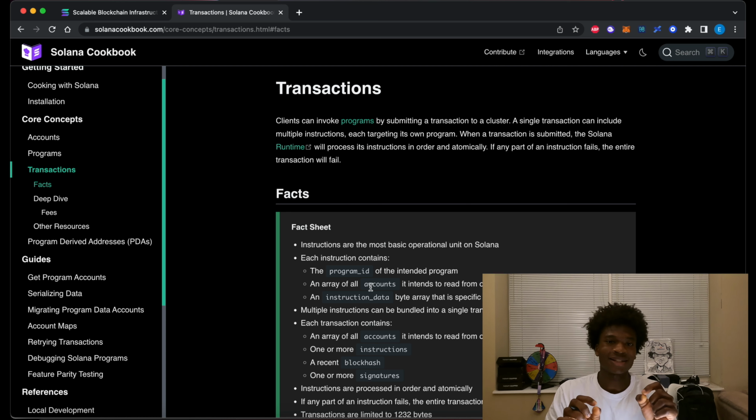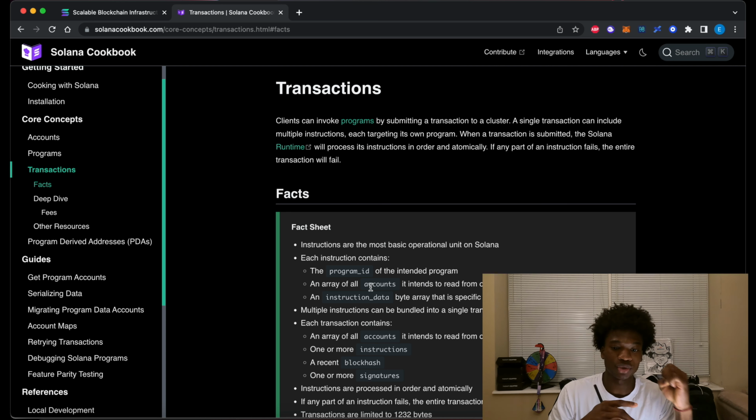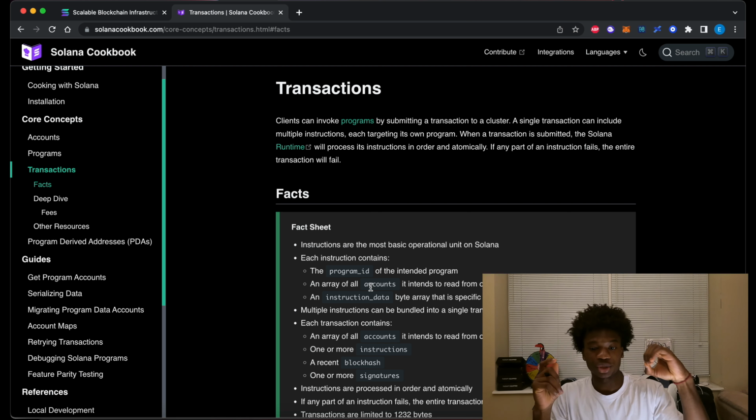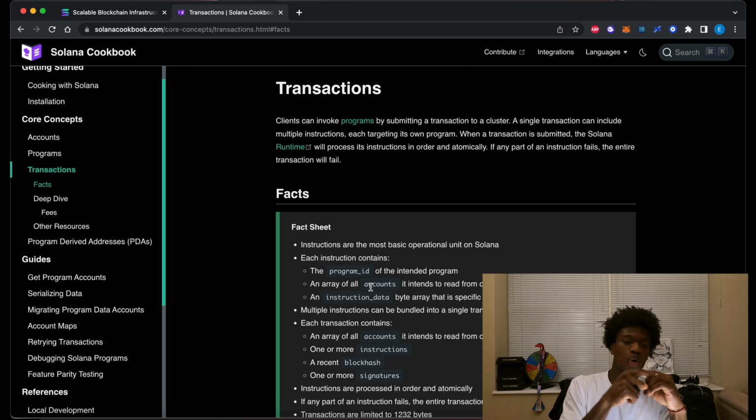So clients can invoke programs by submitting a transaction to a cluster. A single transaction can handle multiple instructions, each targeting its own program. So inside a transaction, you can have one instruction that's like, I want to talk to Jimmy's wallet.